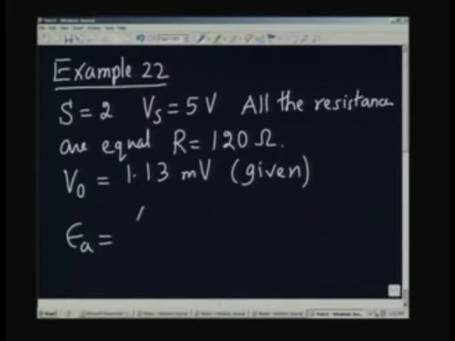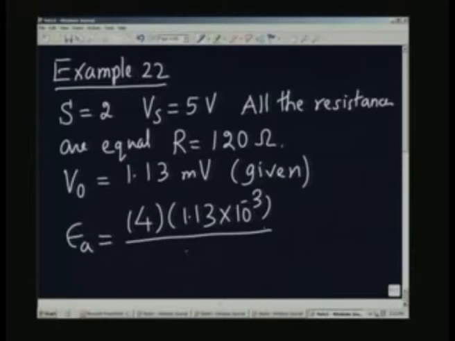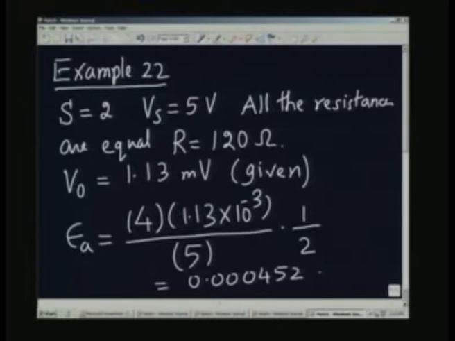So, this will be 4 into 1.13 millivolts, that is multiplied by 10 to the power of minus 3 volts, divided by 5 volts, and 1 over 2 of that, and this comes to 0.000452, or if you write it in terms of microstrains, it comes to 452 microstrains, written as mu strain.